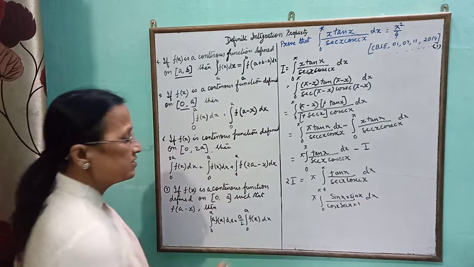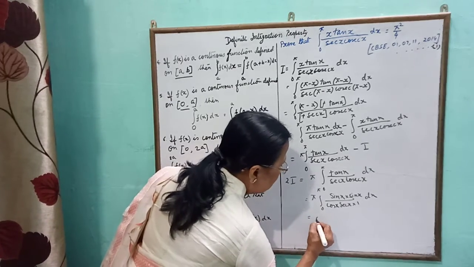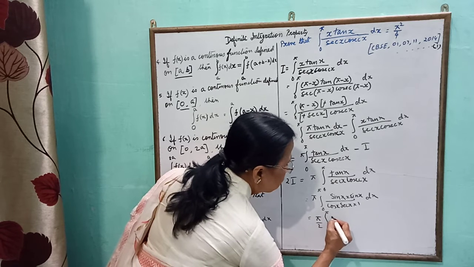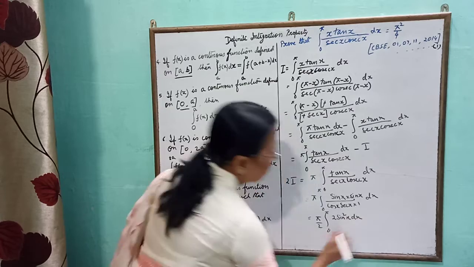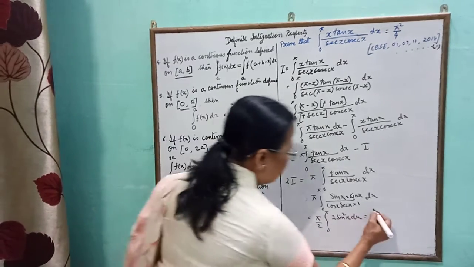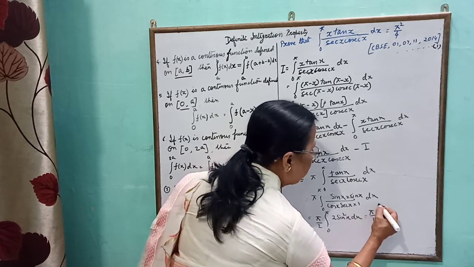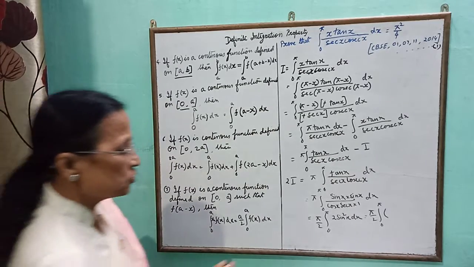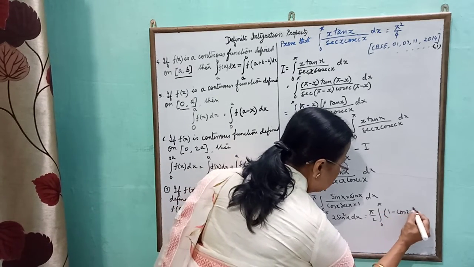So cos x in sec x is 1 and this is equal to, I can write pi by 2, integral 0 to pi, 2 of sine square x dx. Now 2 sine square x can be written as pi by 2, integral 0 to pi, 1 minus cos 2x dx.